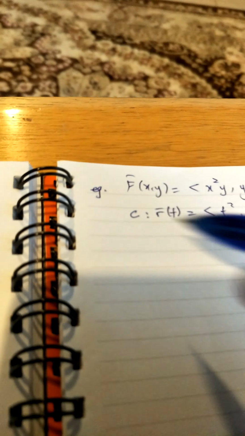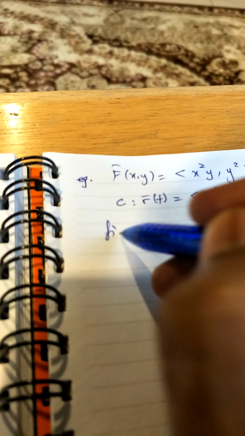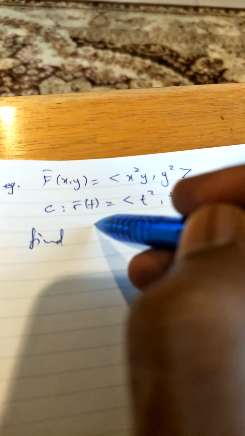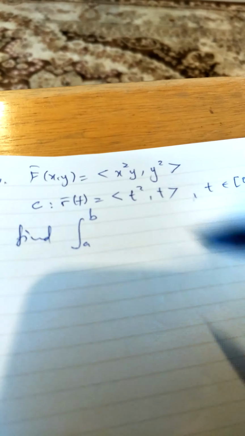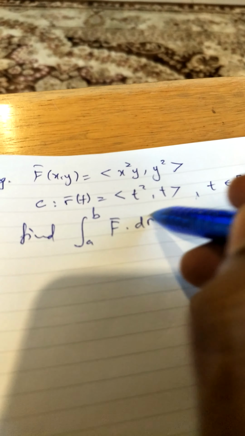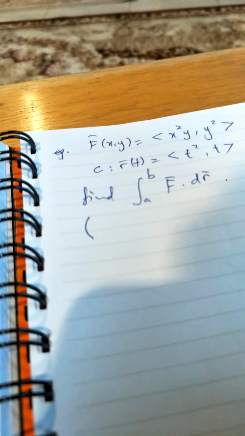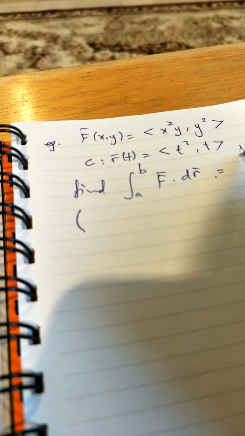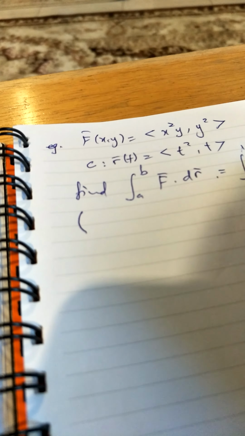Okay, now we want to find, or we need to evaluate, F dot dr. In other words, I can write this along C, F dot dr. It's just the same meaning.